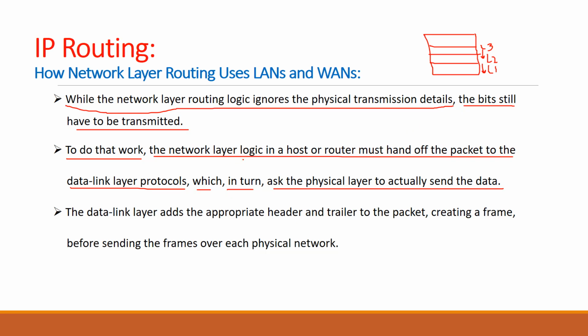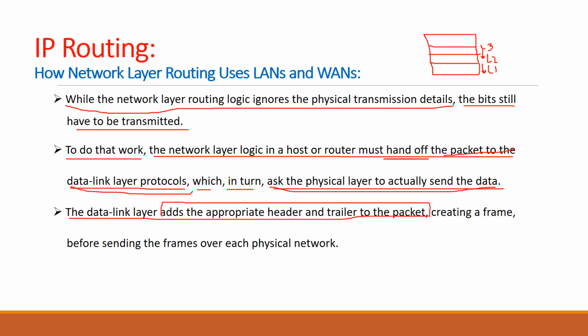So the network layer logic in a host or router must hand off the packet to the data link layer protocols, which in turn ask the physical layer to actually send the data. The data link layer adds the appropriate header and trailer to the packet, creating a frame before sending the frame over the physical network.